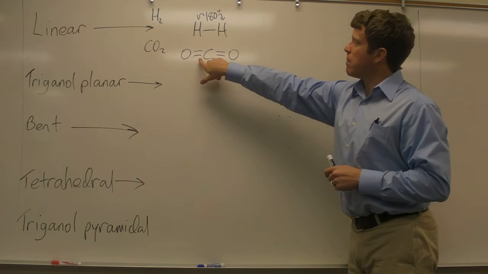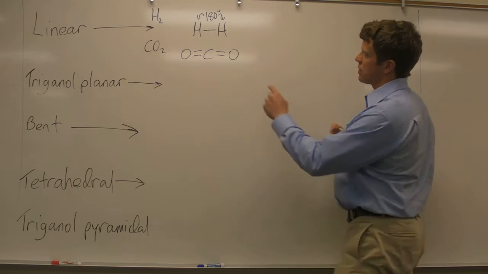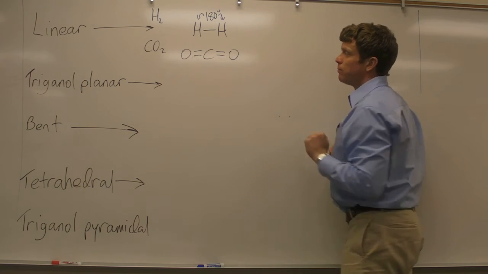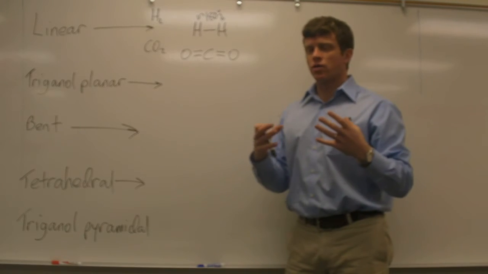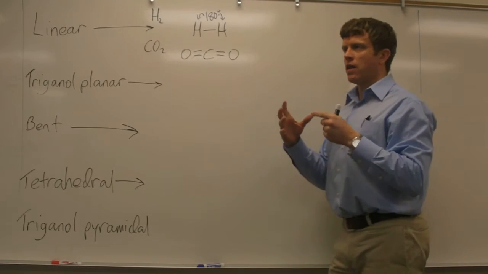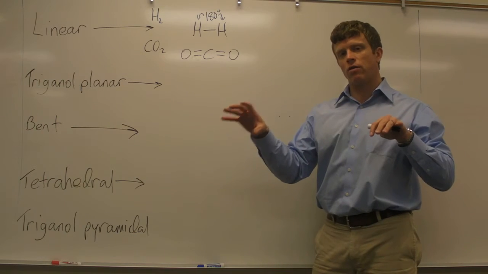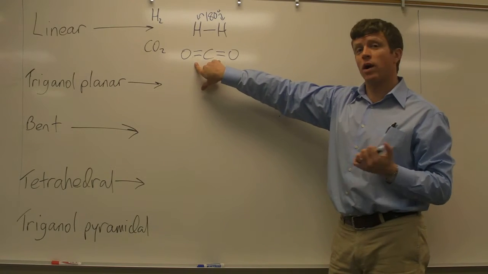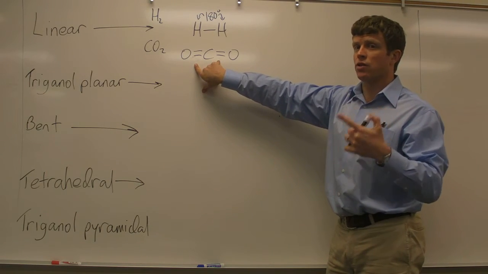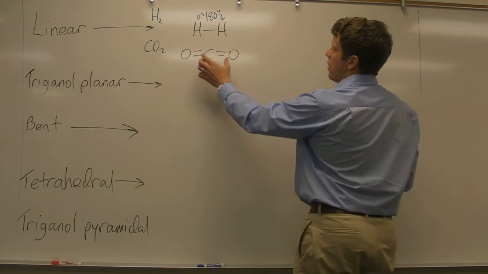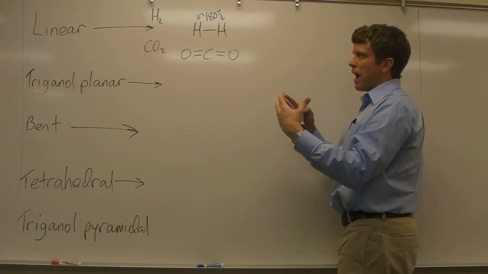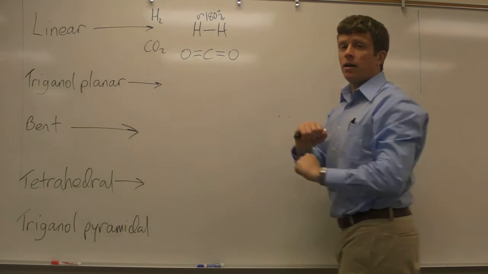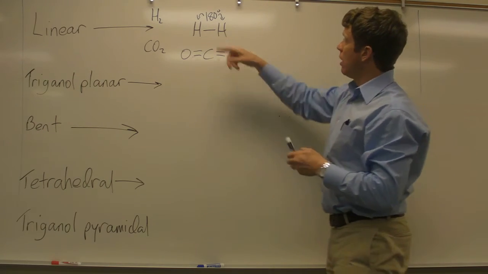The reason it makes this shape is because there are 2 bonded pairs of electrons here and then 2 here. They're trying to repel each other so they don't interfere with each other, but they've got to stay close enough so the molecule remains stable. So the biggest angle these pairs of electrons can get is to go to completely opposite ends and become a linear molecule, or 180 degrees.